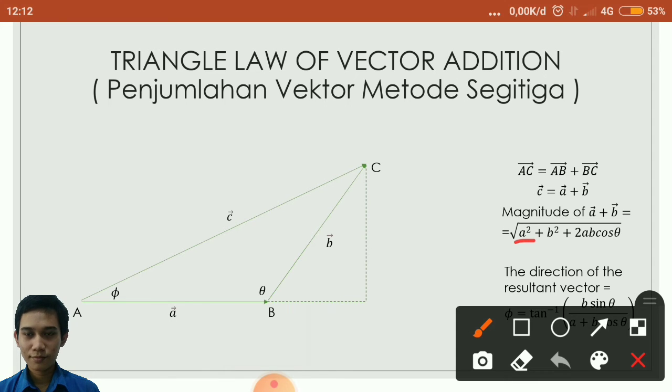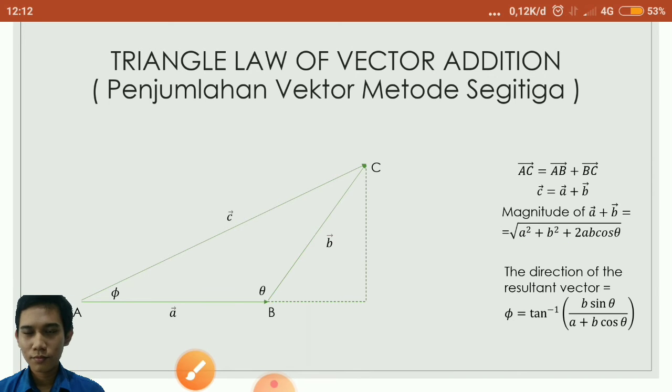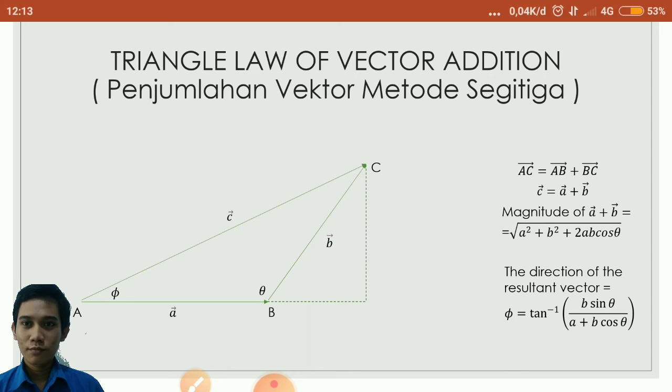where A is the magnitude of vector A, B is the magnitude of vector B, and theta is the angle between vector A and vector B. Let the resultant make an angle P with A, then the direction of the resultant vector is P equal to arctan of B sin theta divided by A plus B cos theta.